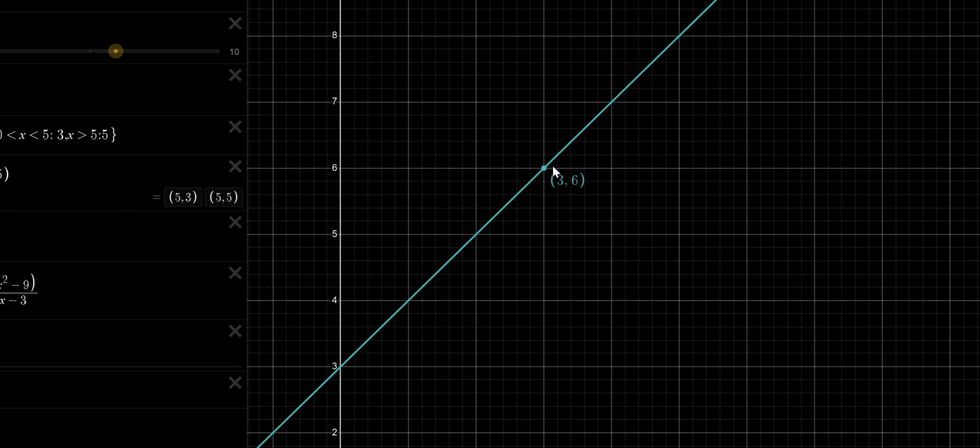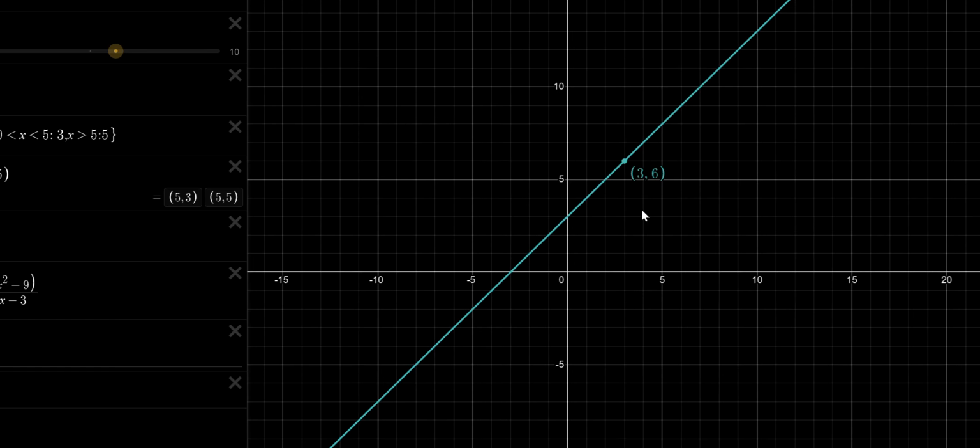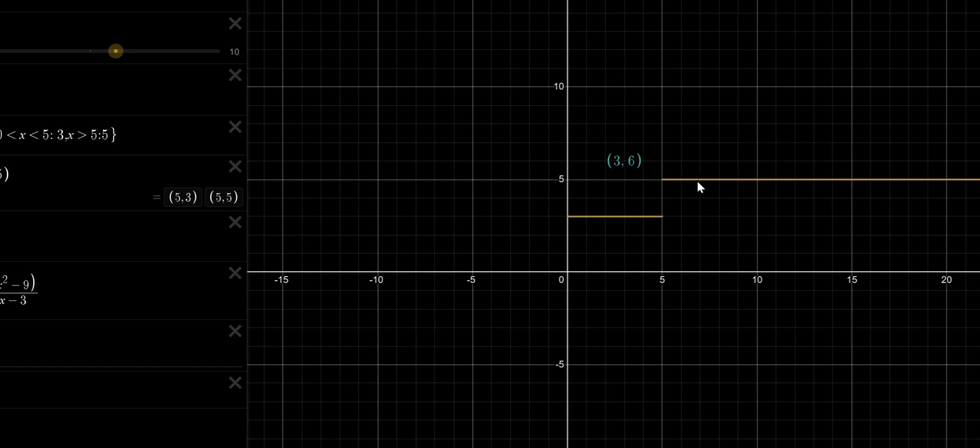I will show you guys that in a different video though. But you'll see it follows the same rules. We've got to approach it from both the left and the right side. And if it was one of these functions again, and there was a hole somewhere between either one of these two, you'd still have to use approaching from the right side, approaching from the left side, all that stuff.